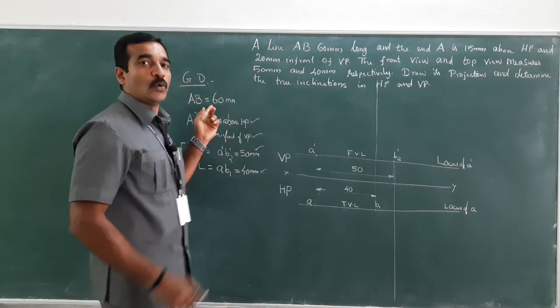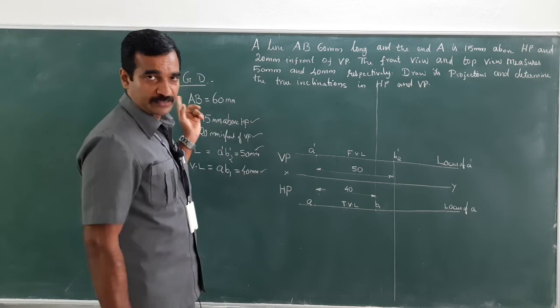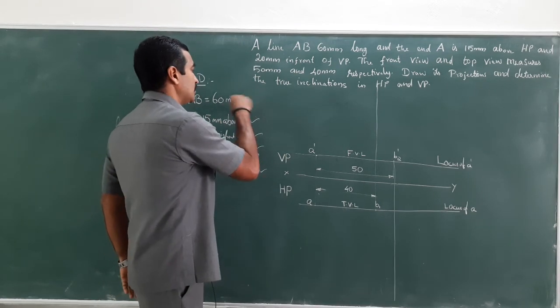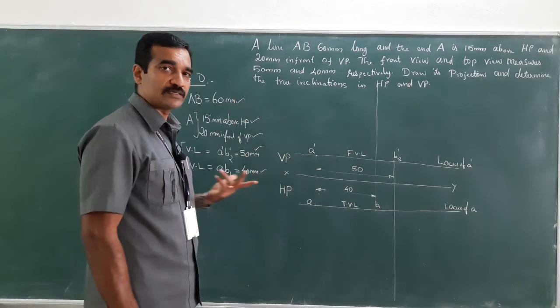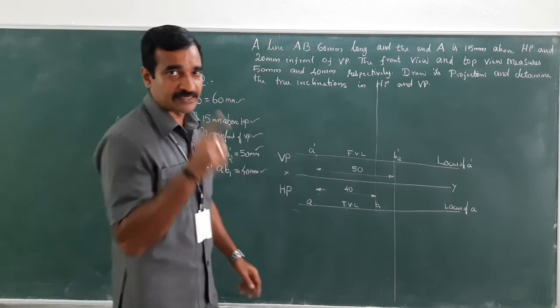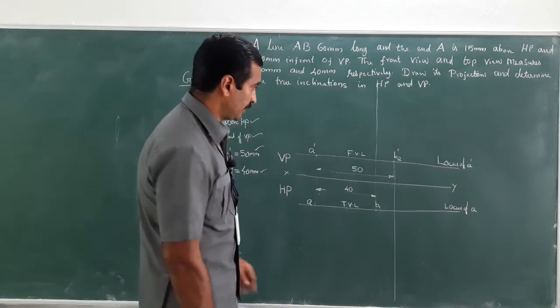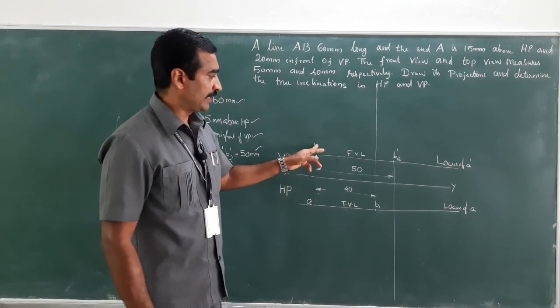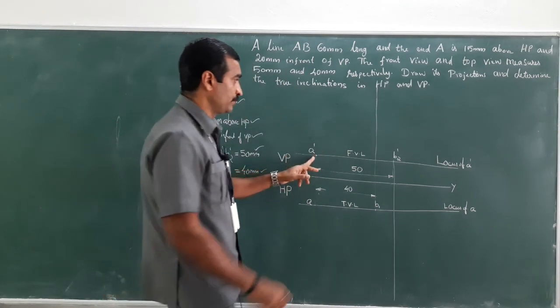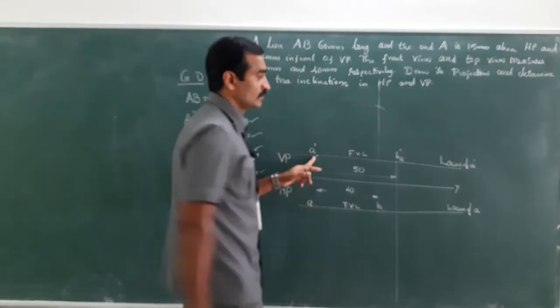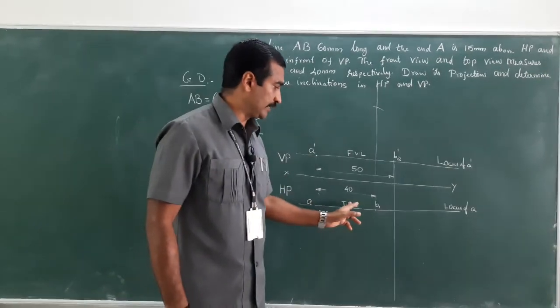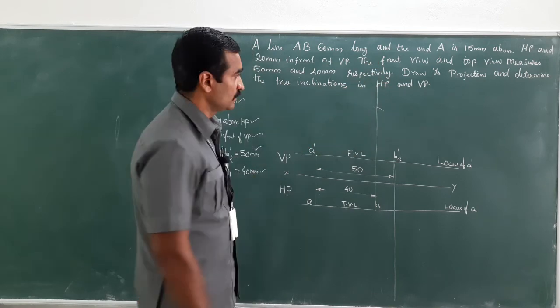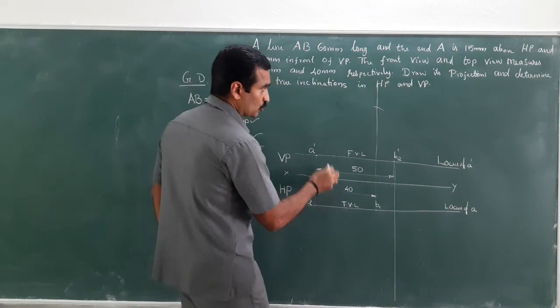Now only one data is left out, nothing but the true length of the object. The object is nothing but a straight line, 60 mm. Take 60 mm in our compass, and with A dash as center, cut an arc on the line which is extended from the top view length. Now draw a line parallel to XY.